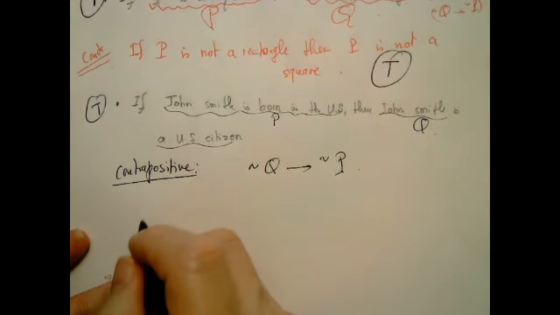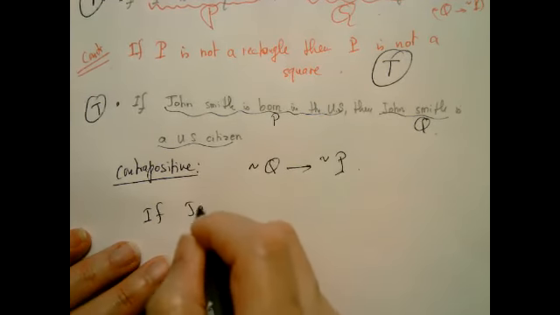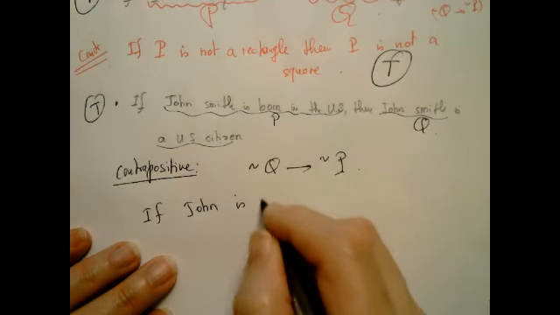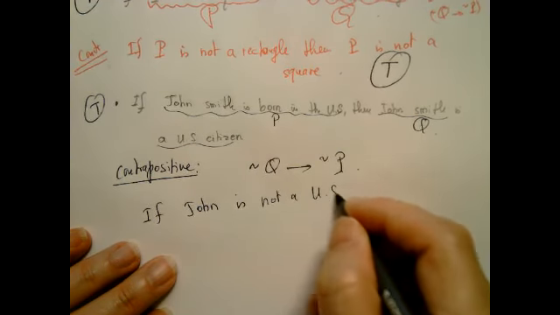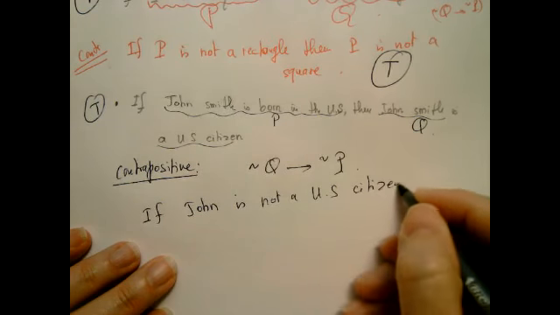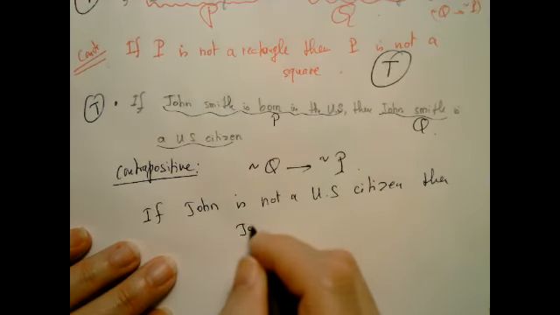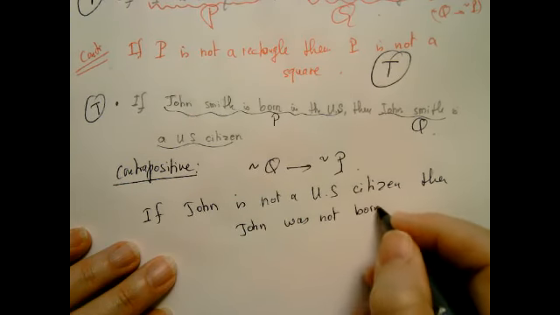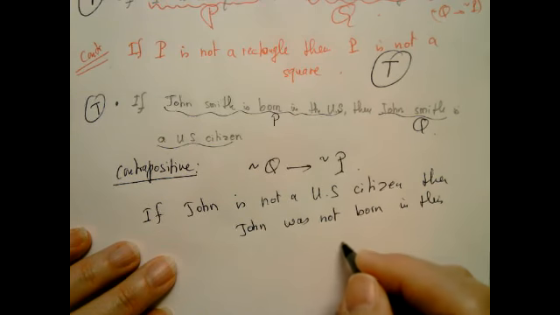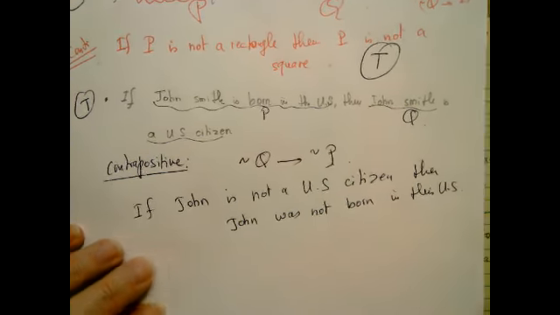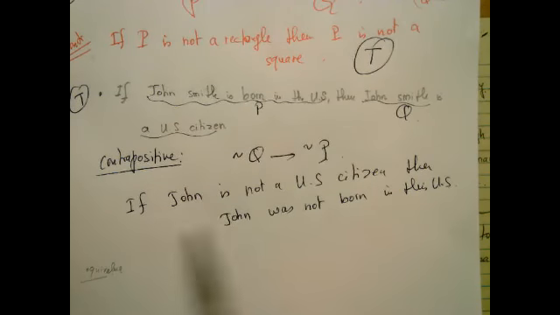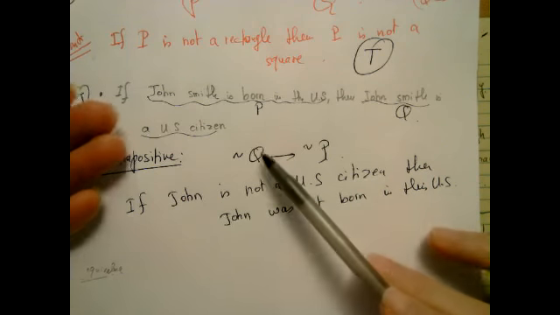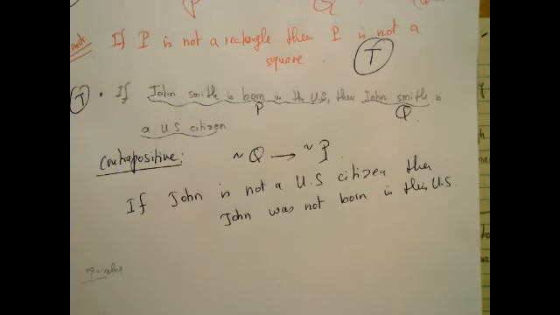So non-Q means if John Smith is not a US citizen, then John was not born in this country. That's at least what we know on the US side. Which again is a true statement. If he is not a US citizen, at least I know that he was not born in the US, because if he were born there, then he would have been a US citizen. So again, a true statement.